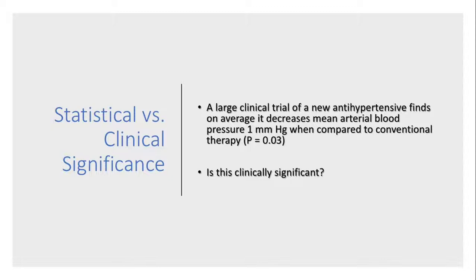So is that clinically significant? Well, I would make the argument that, in fact, no, it is not. A 1 millimeter difference is not clinically significant. That is sometimes the challenge when you have very large sample sizes: we can find differences when, in fact, they don't really mean anything to us.